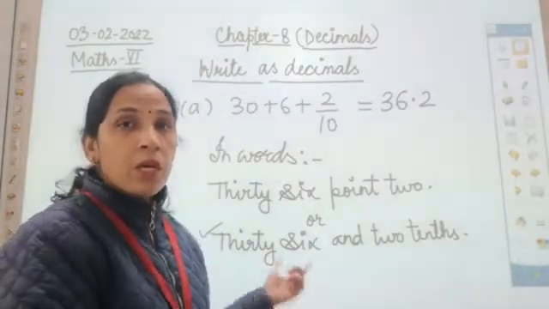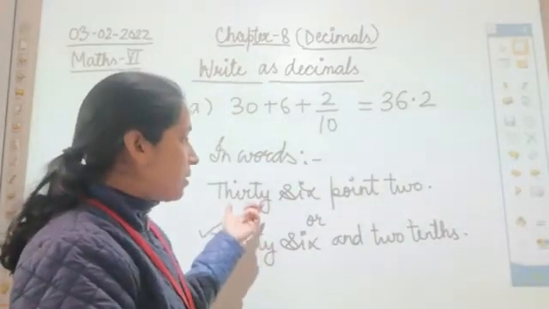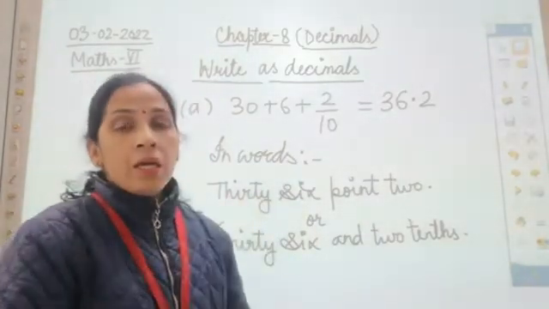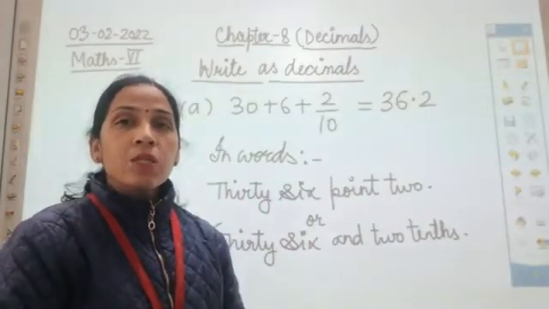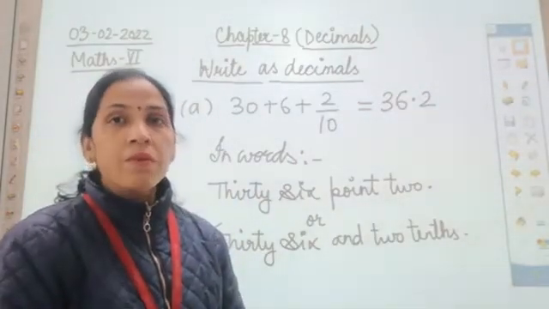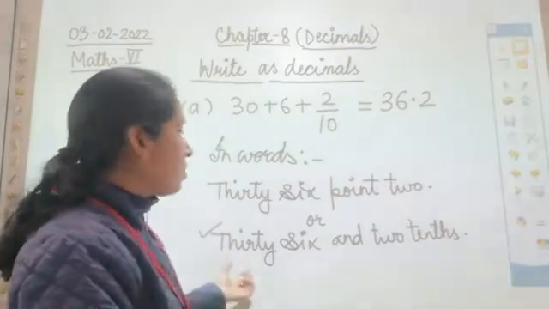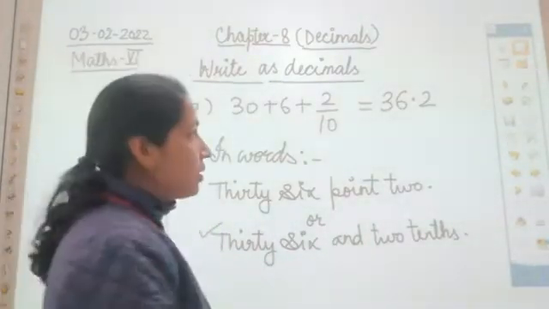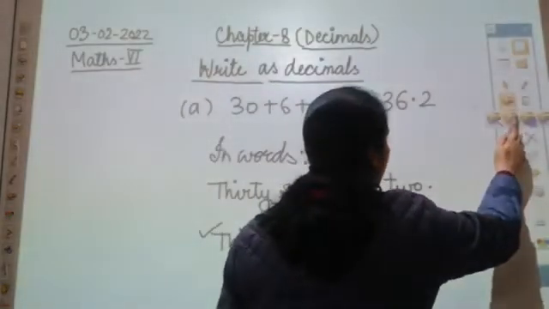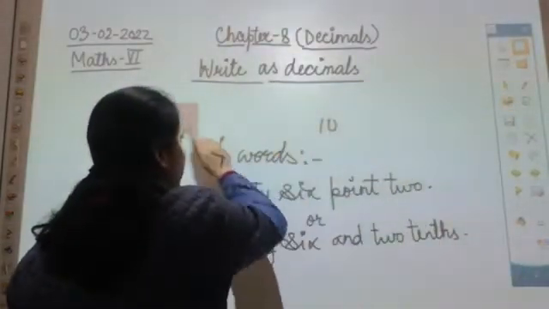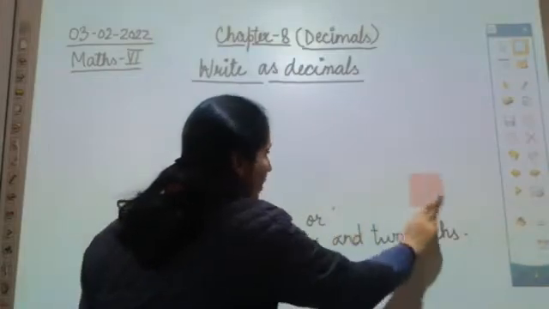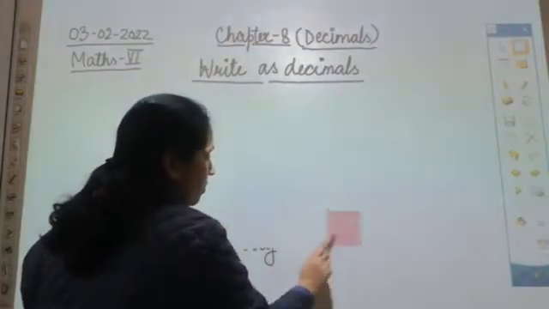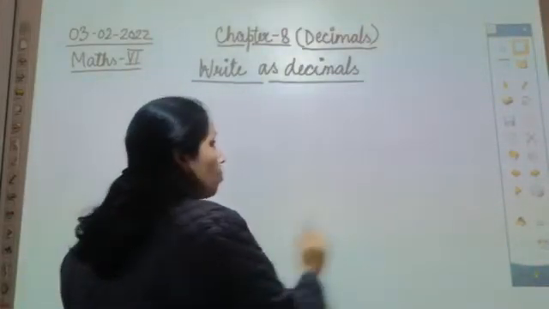So you must know how to write it in the simple way. As we speak 36.2, in that same way we write 36.2, 36 and 2 tenths. Let's take one more example here. One more example we are going to take, write it as decimal, and from that we will understand how to write it in words.